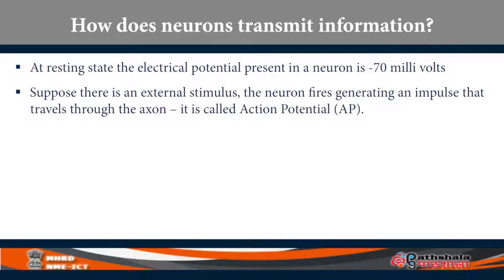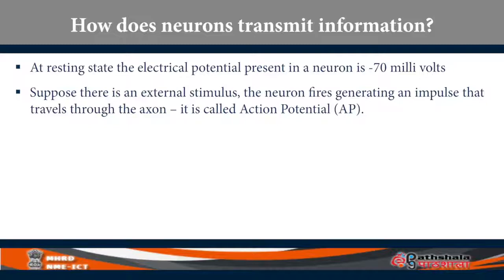Now suppose there is an external stimulus, somebody pinches you or you see some flashlight, then there is a change in the electrical activity. From minus 70 it might go to minus 90. So in response to external stimulus, neuron fires and it generates what is known as action potential, AP.